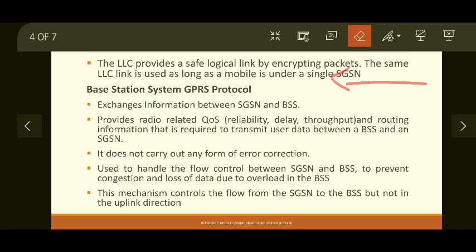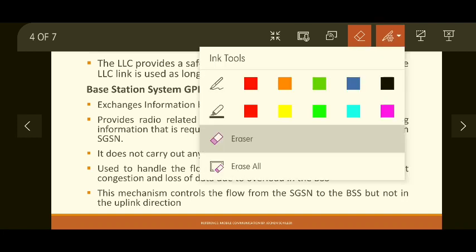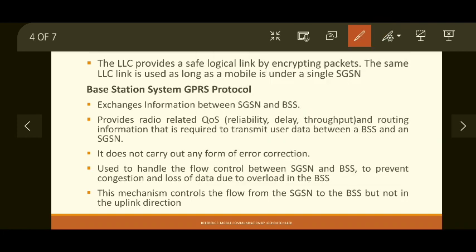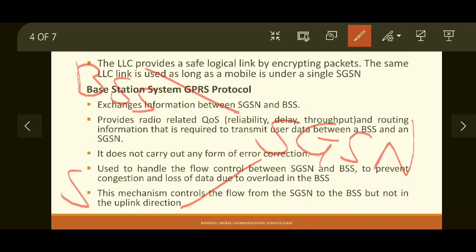Okay, and about congestion control, as we have just seen, several BSS are connected to a single SGSN. If all the base station subsystems send data at the same time, there may be congestion at the SGSN. Now that is handled by the BSSGP.